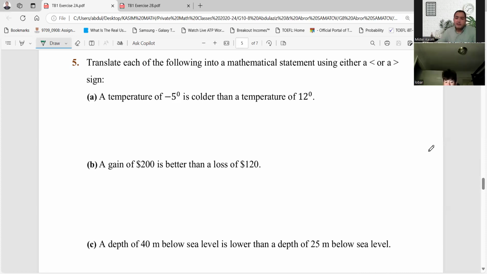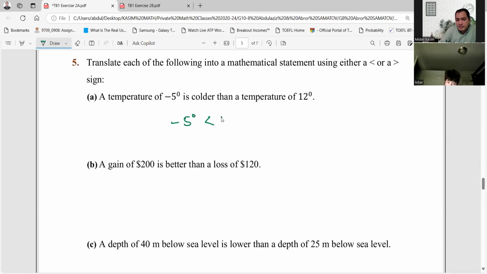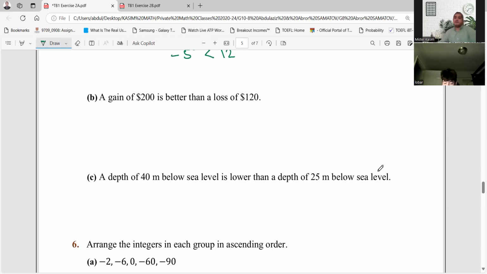Like, a temperature of negative 5 degrees is colder than a temperature of 12 degrees. How do you write this? Negative 5 is less than 12 degrees, right? That's a mathematical statement. How about B?